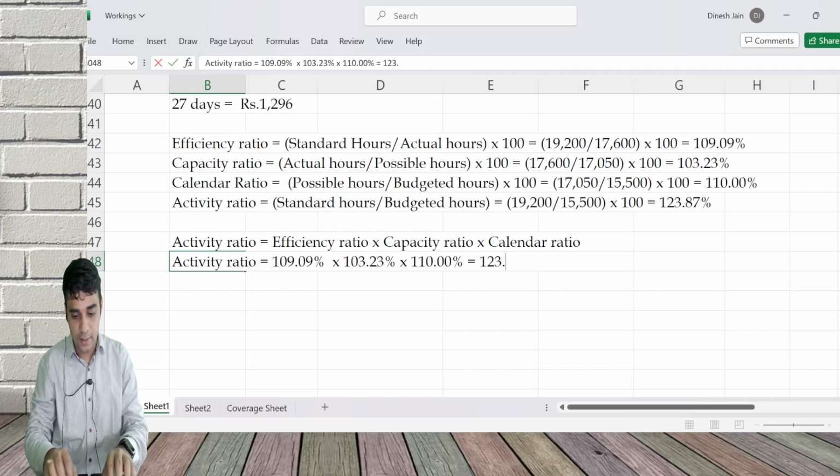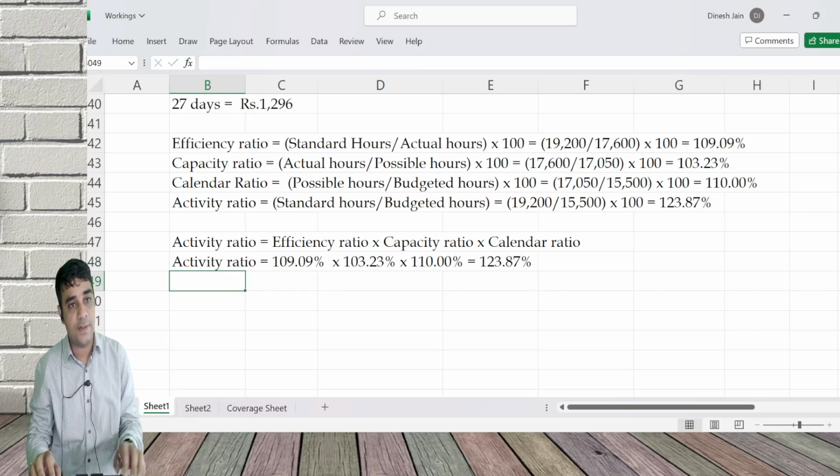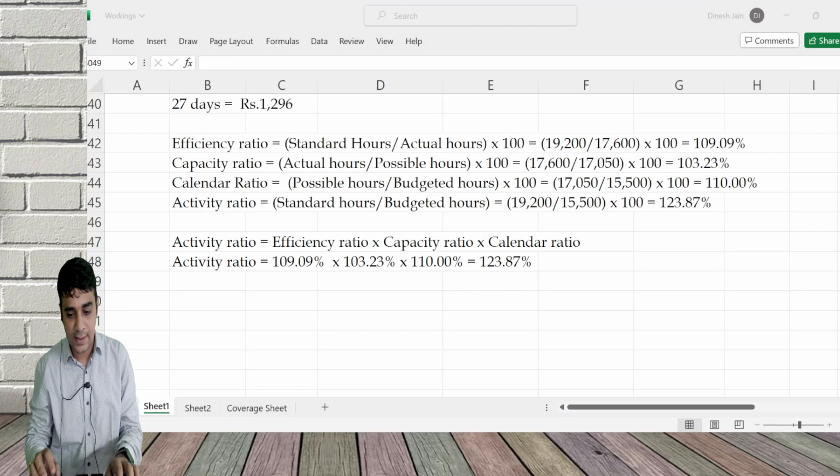You get 123.87%. That's the interrelationship. Any doubts on this?